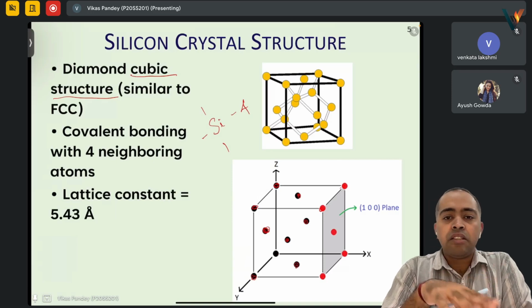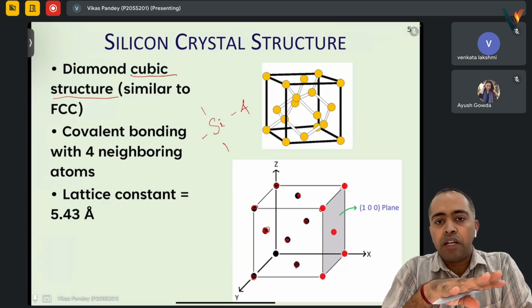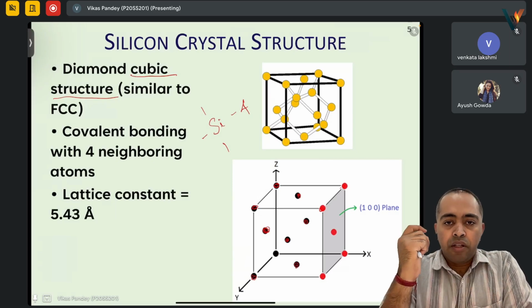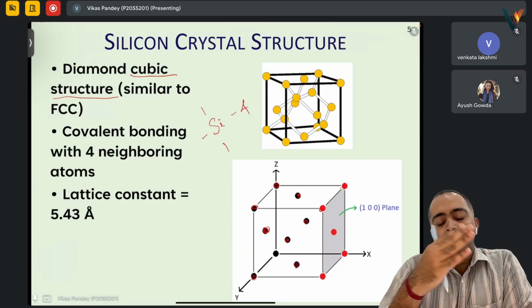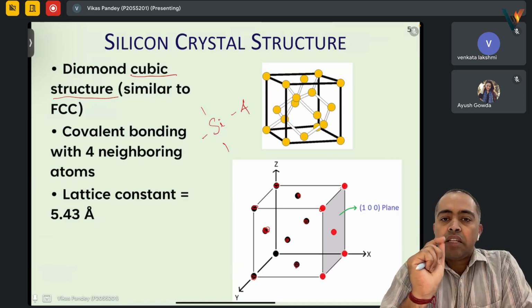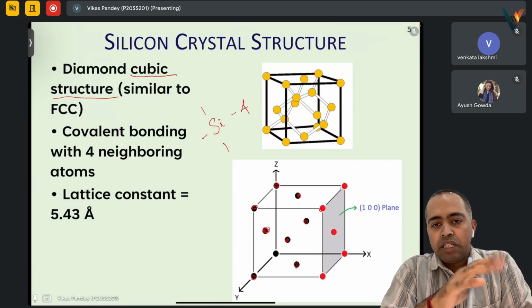And as such, very good covalent bonding is done, and each atom bonds to 4 neighboring silicon atoms.